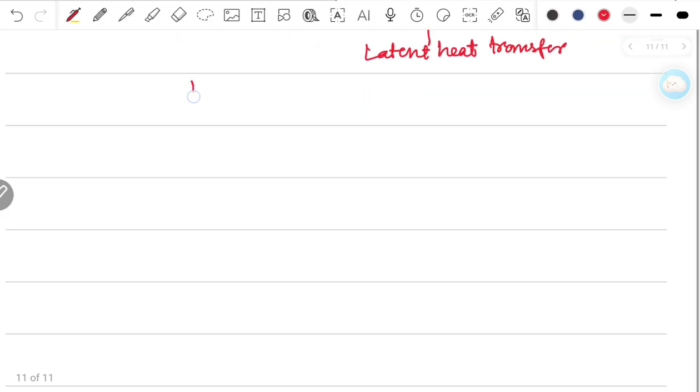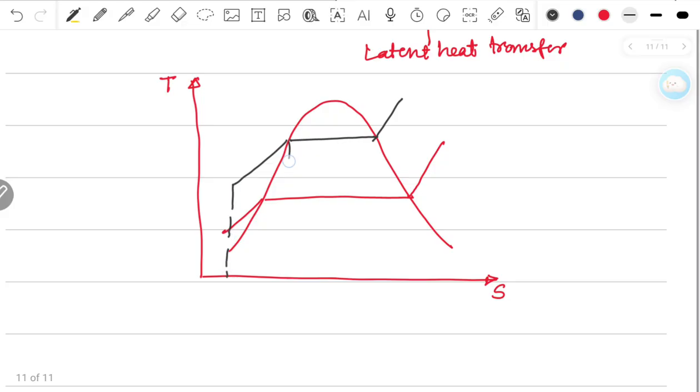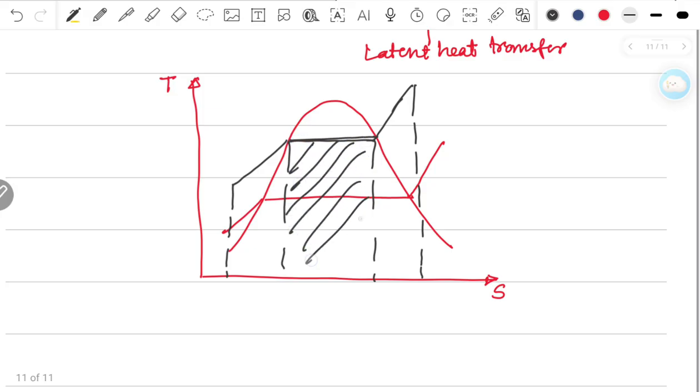Why? Let's say this is my TS diagram, and this is some pressure. Now if I increase the pressure to this, and you try to find the area under this, you will see that the area has reduced.